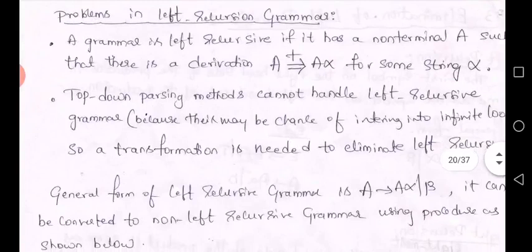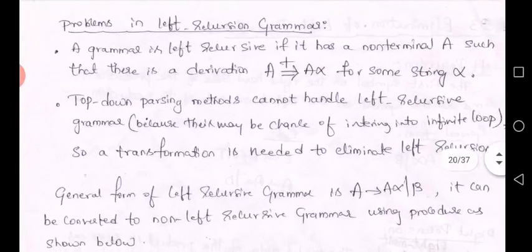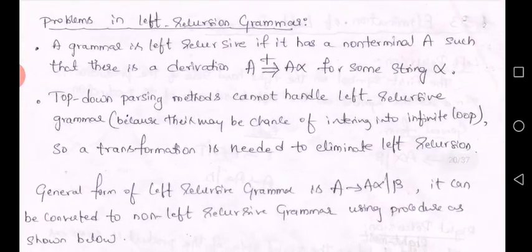Now we'll go through what problems we may face and why we need to eliminate left recursion. Problems in left recursive grammar: a grammar is left recursive if it has a non-terminal A such that there is a derivation A derives A alpha for some string alpha.